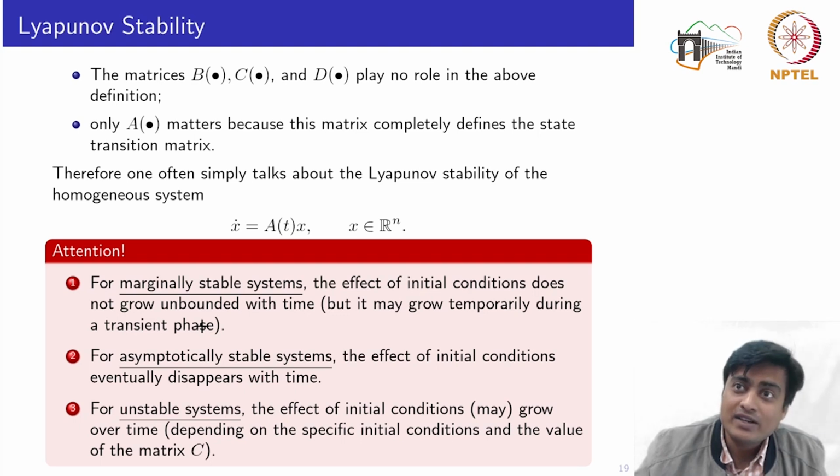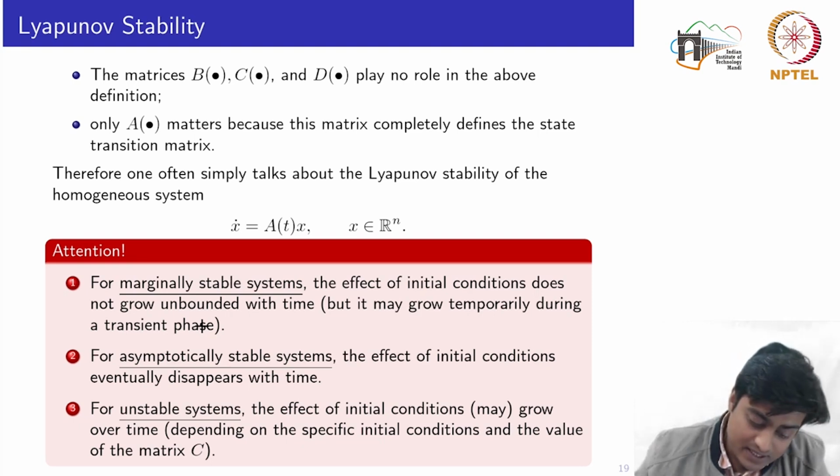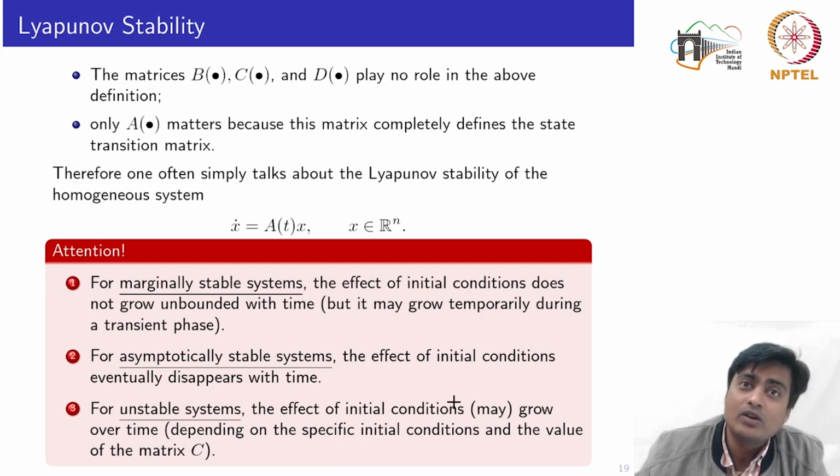Whatever is happening in the transient state, stability in general is not concerned with that. Now for asymptotically stable systems, the effect of initial conditions eventually disappears with time, and for unstable systems the effect would grow over time, depending on the value of the C matrix, how fast or slow it is growing.